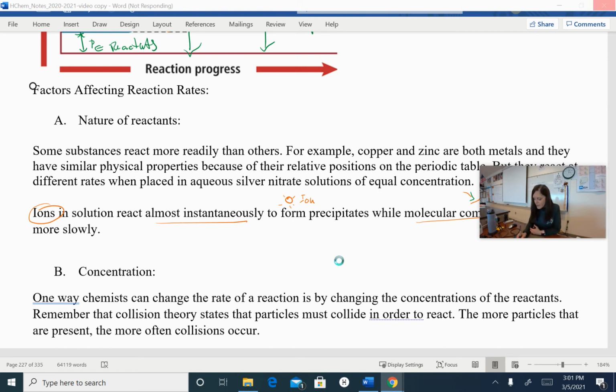If I have a molecule concentration that's really, really low, the chance of other molecules actually finding a molecule and hitting it and colliding are low. So the more concentration I have, the more chances I have for collisions because I have more molecules in there. So the more particles that are present, the more often those collisions can happen, and the more chance I have of actually having a successful collision.